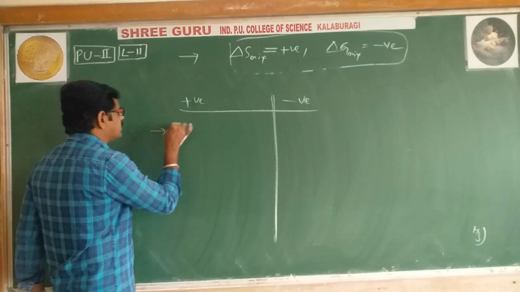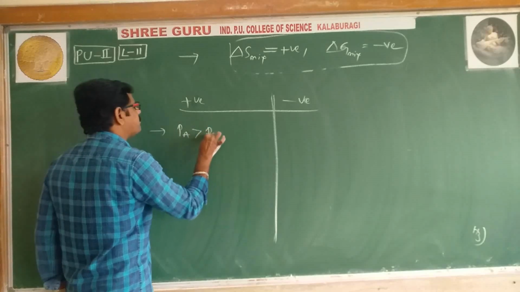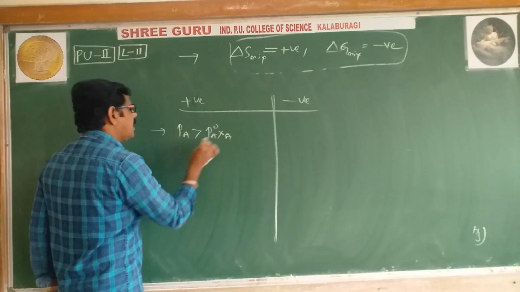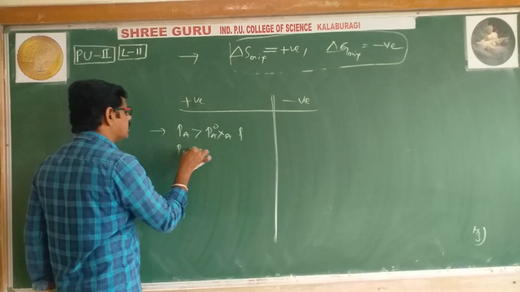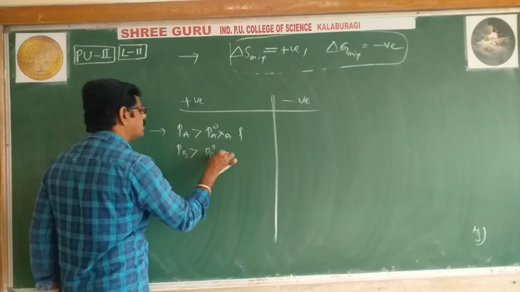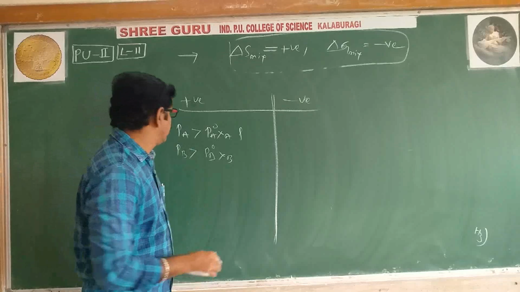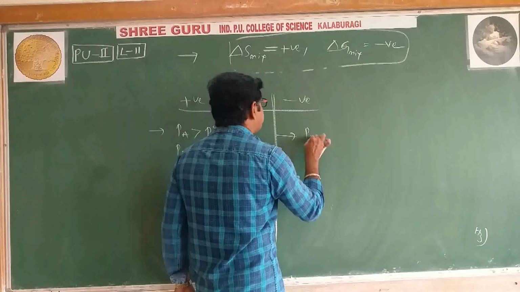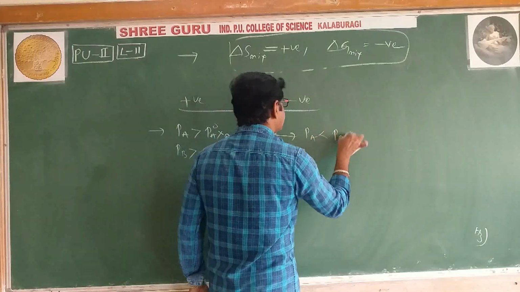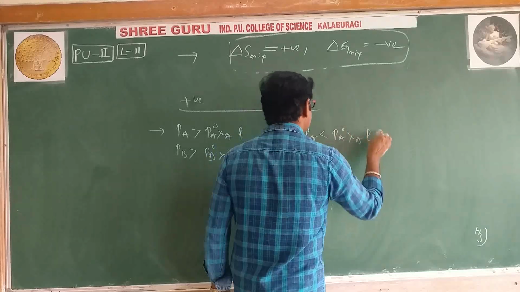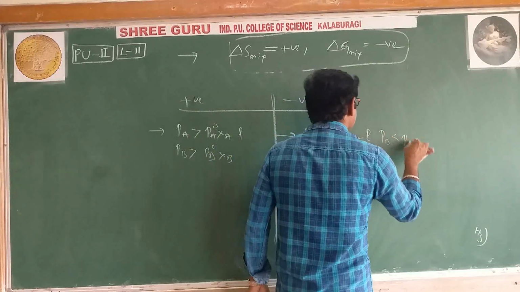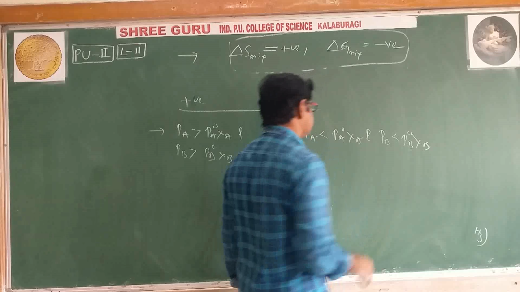That's why the first point: PA greater than PA naught XA and PB greater than PB naught XB. Here we write the reverse: PA less than PA naught XA and PB less than PB naught XB.